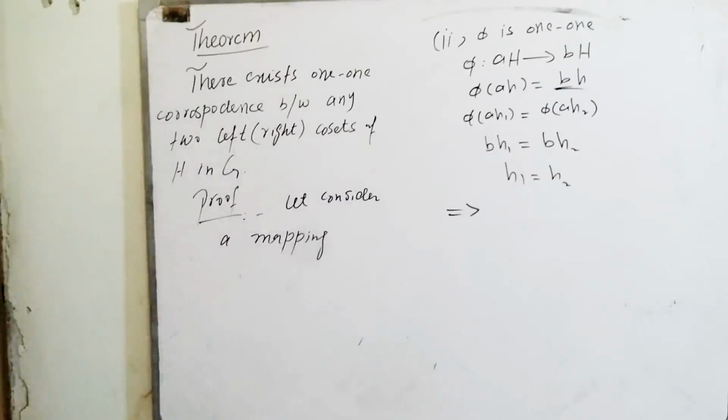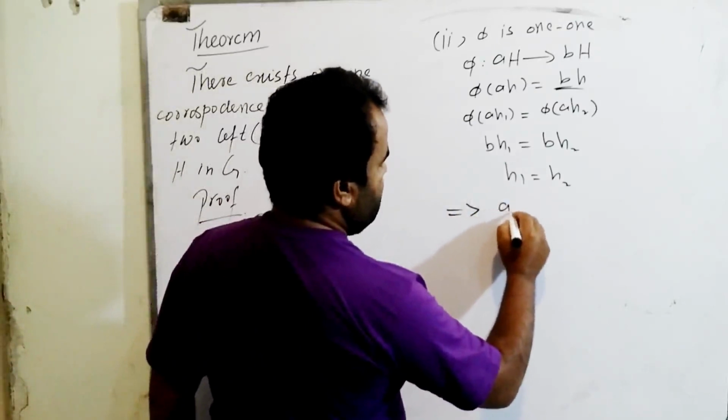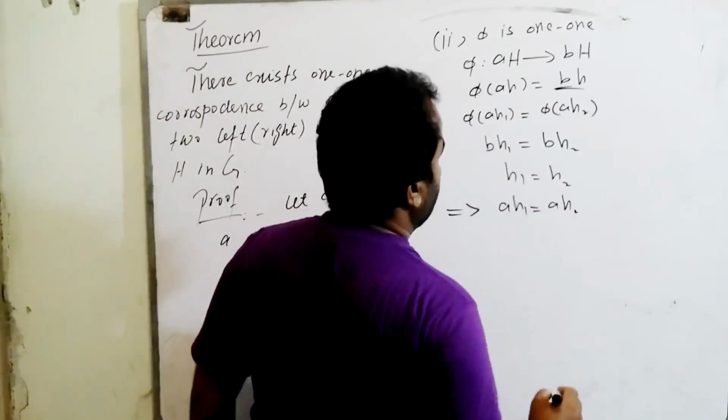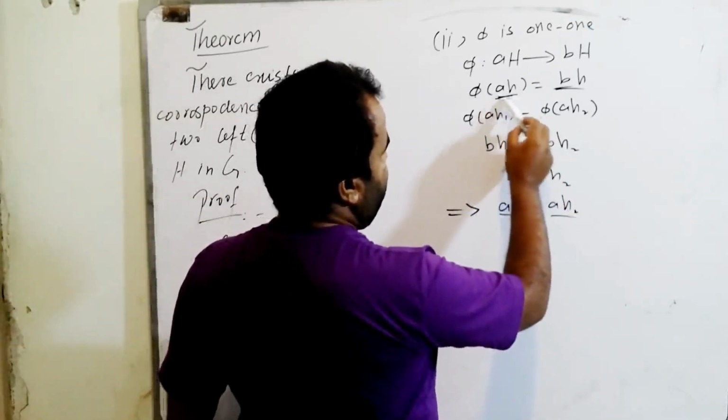After proving phi is one-to-one, we will prove that phi is onto. Here we can write AH1 is equal to AH2, because these are the pre-images of phi.